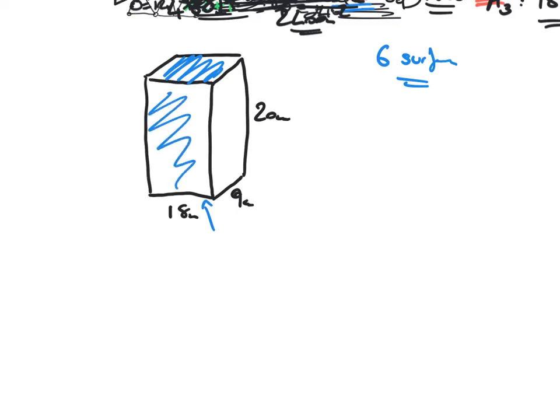The front and the back, they would be the same, and the sides, the right hand side and the left hand side, would also be the same. So let's start with top and bottom. Okay, so the area of the bottom, well, that's a rectangle, so that's length times breadth.